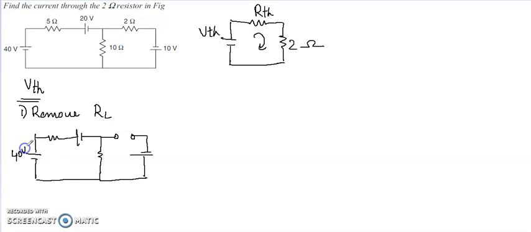It's 40 volt, 5 ohm, 20 volt, 10 ohm and 10 volt. So we have removed the 2 ohm resistor. Now the voltage across these two terminals is VTH. So I'll draw it like this.